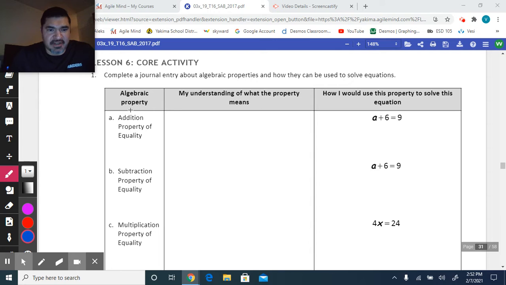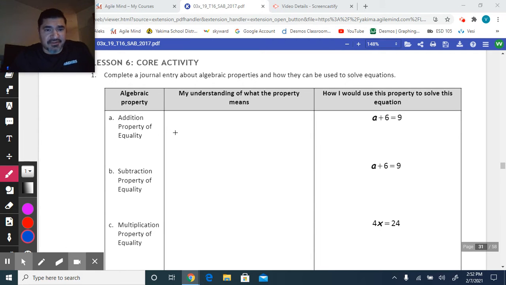So here's our algebraic property. It says addition property of equality. Okay, my understanding of what the property means. Now remember I told you guys that anytime you write property of equality, it's when you do something to both sides of the equation, both sides of the equal sign.